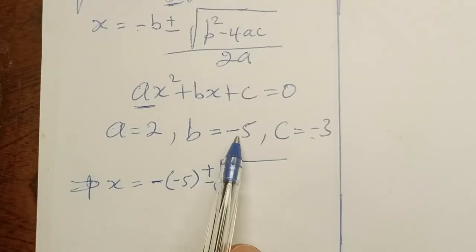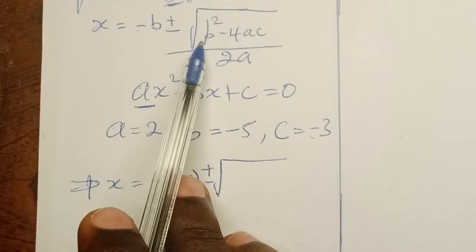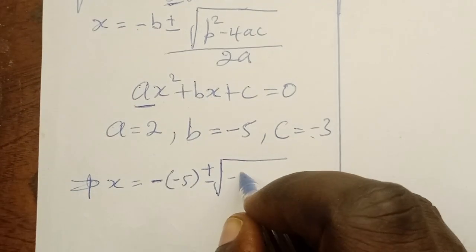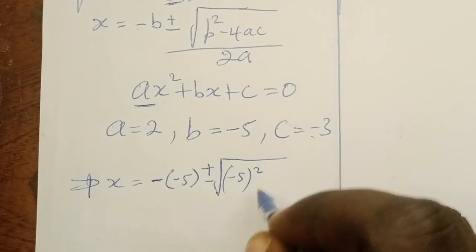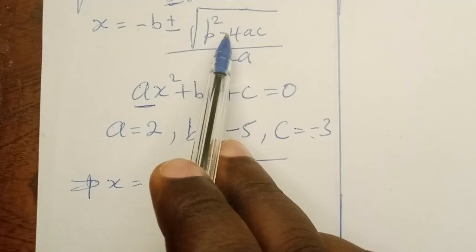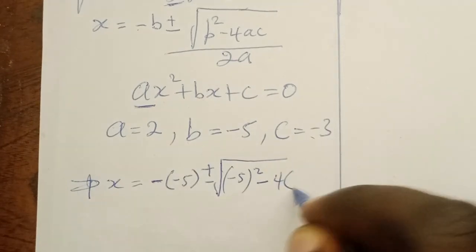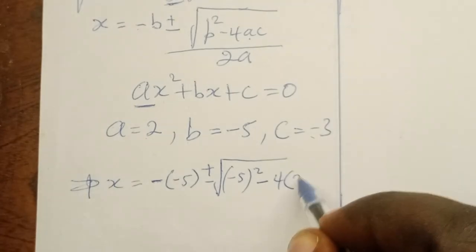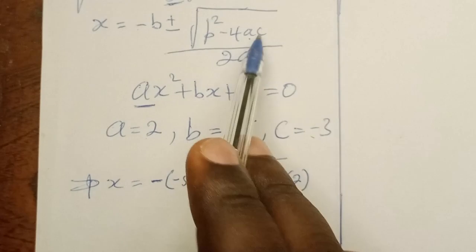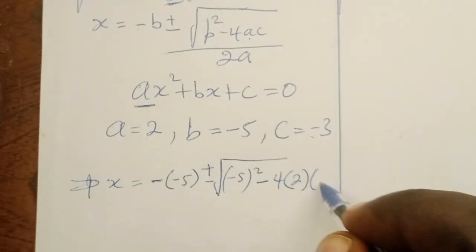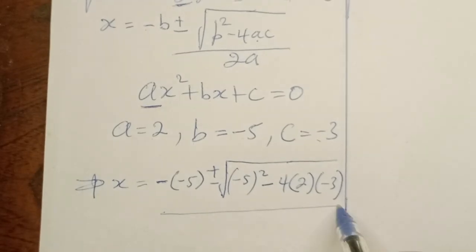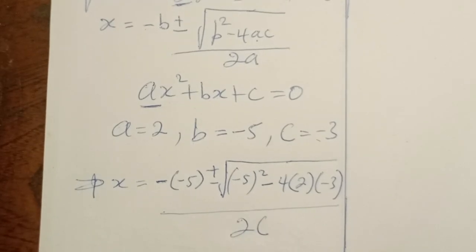We need to take the square of b, which we have here. B square means minus 5 square, so we are going to take minus 5 square minus this minus here 4 into a. The a here is 2, into c. The c here is minus 3, all here divided by 2 into a.